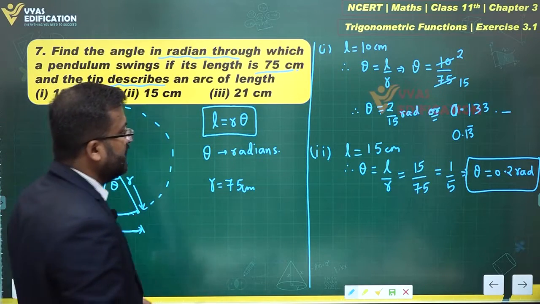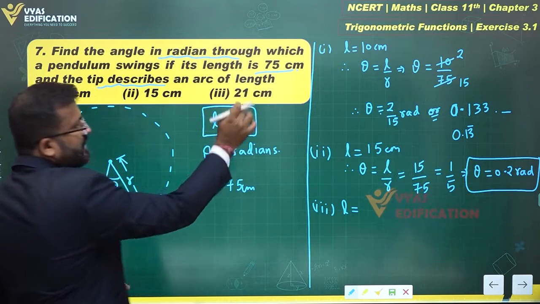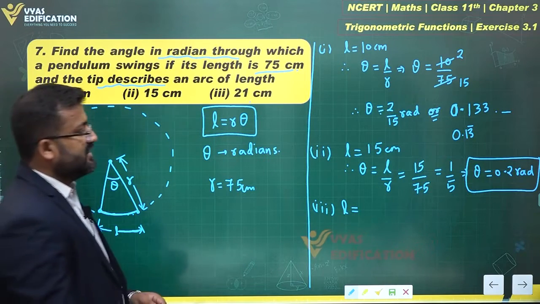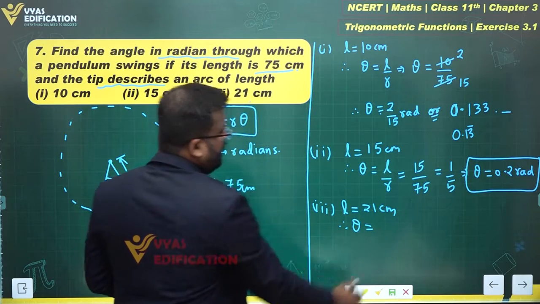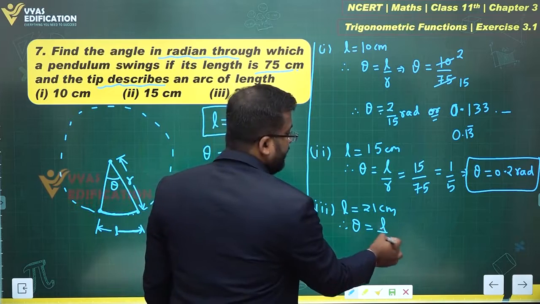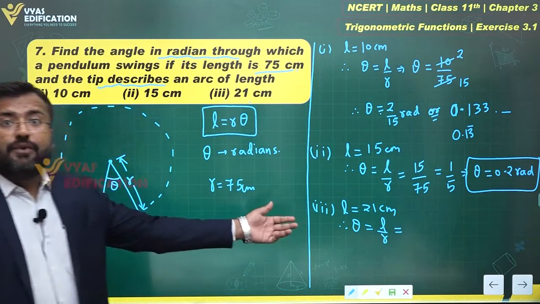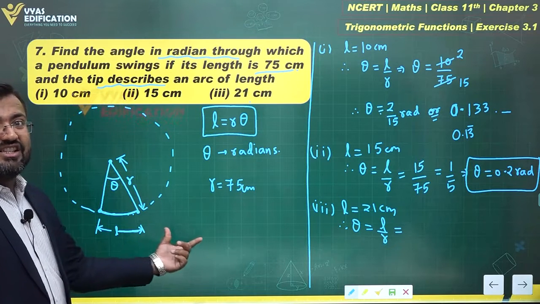What about the third part? In the third part, L equals 21 centimeter is given. Therefore, again using this result, theta would be equal to L upon R. L is 21 centimeter. R, as you may recall, is 75 centimeter.